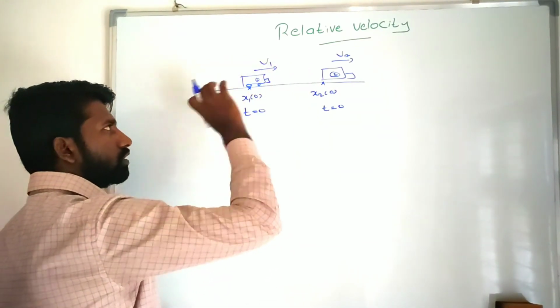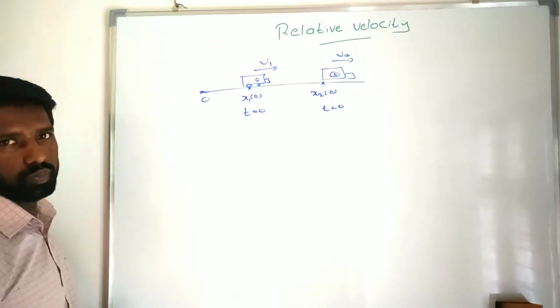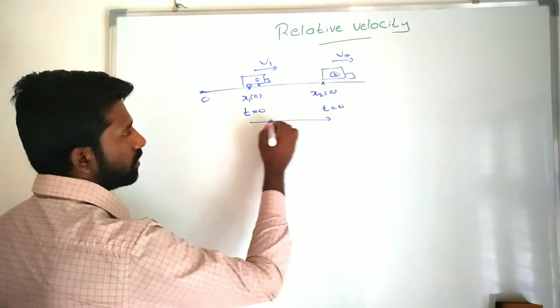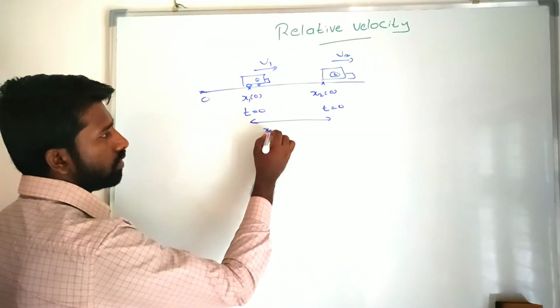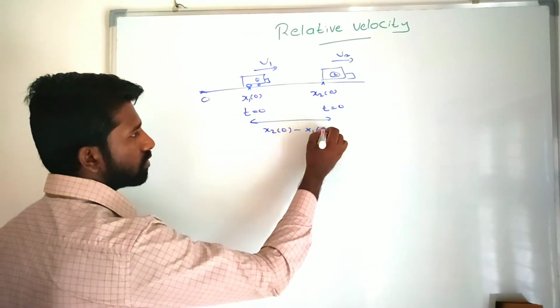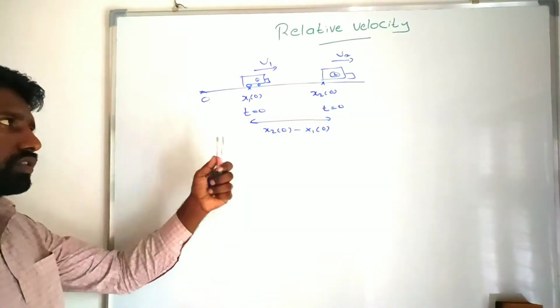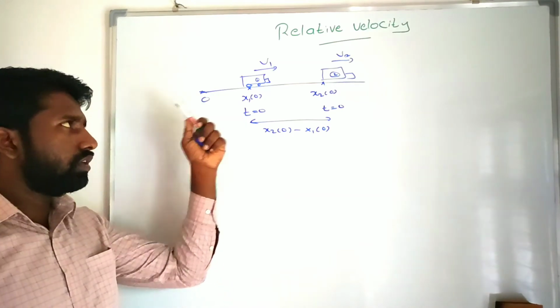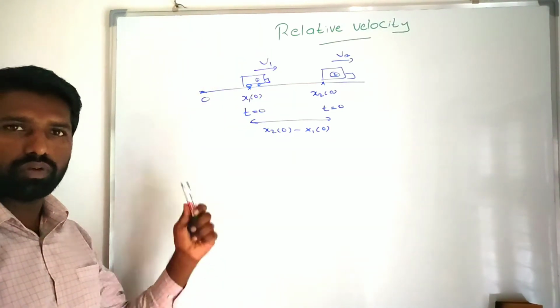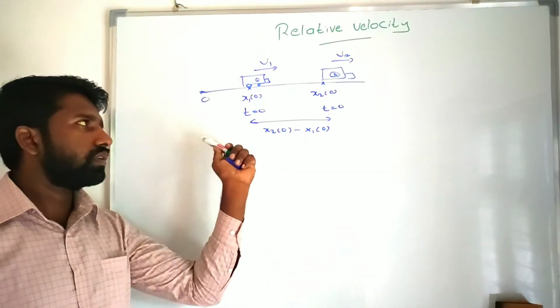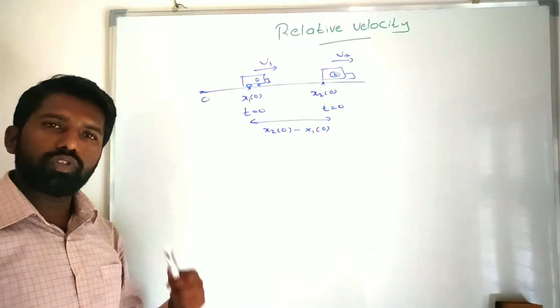So the second body is far from the first body. Okay, what is the initial displacement between them? That is x2 of 0 minus x1 of 0. This is the initial distance between them. These two bodies are moving, so after some time their positions may change.